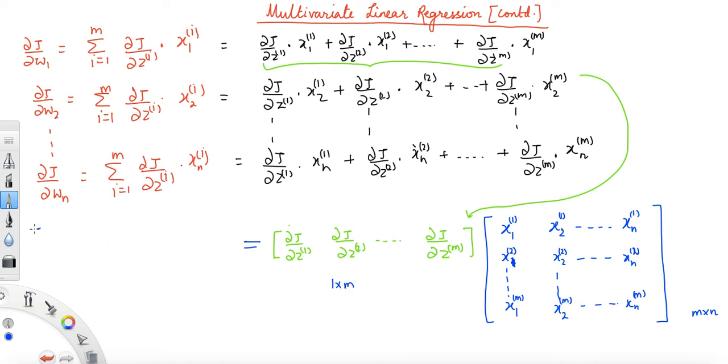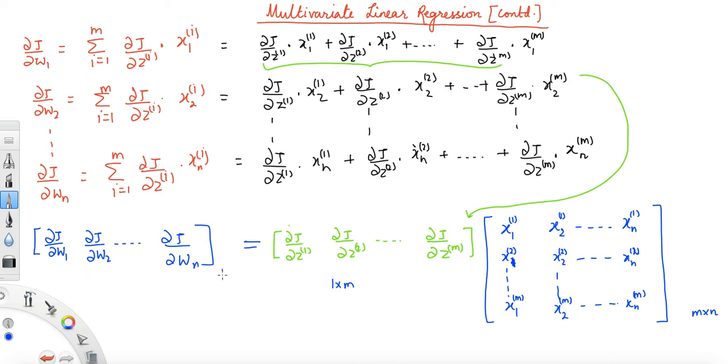So this can be thought of as del j over del w1, the first entry of this vector, because this will give a 1 times n vector, and del j over del w2 for this row vector multiplied with this column vector, and all the way up to del j over del wn.